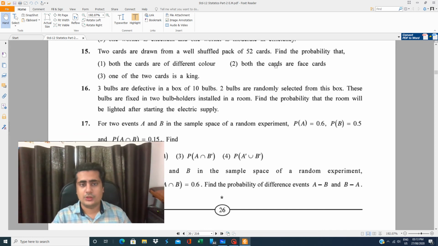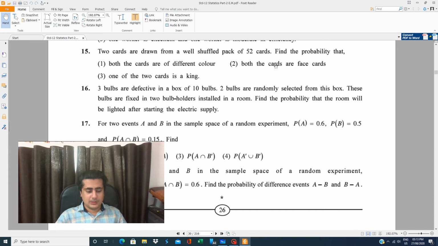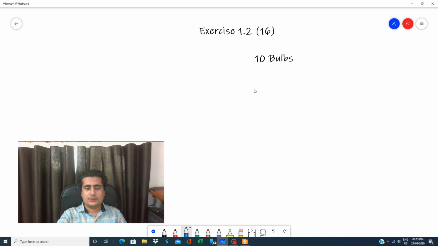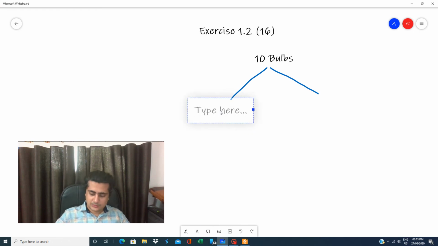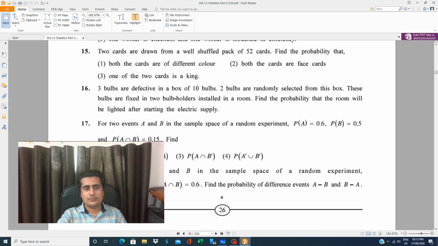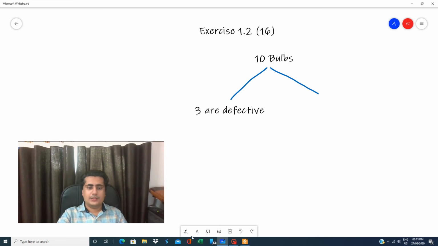See what is given in the question, that out of 10 bulbs, 3 are defective.